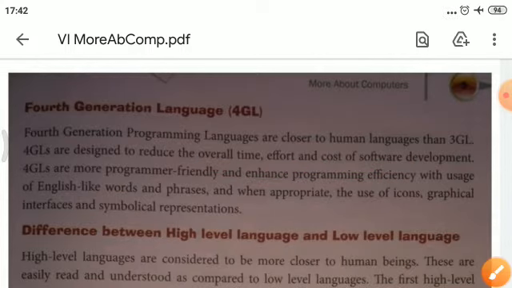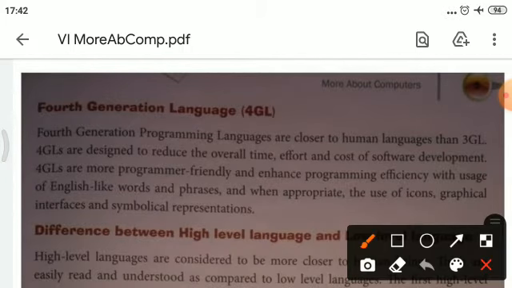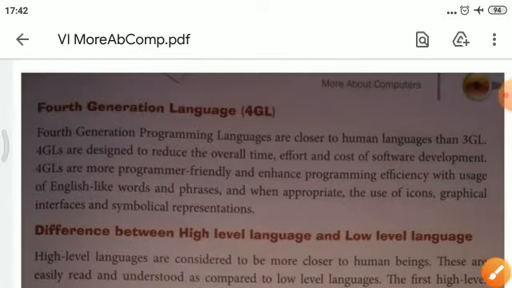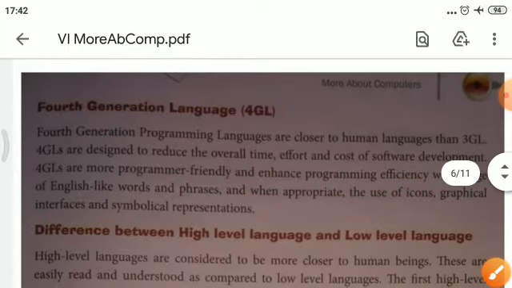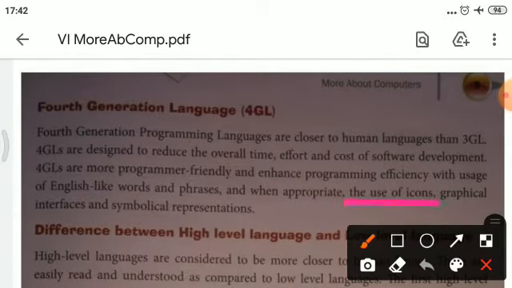And fourth generation languages are very programmer friendly and enhance the programming efficiency. And in fourth generation languages, icons, graphical interfaces, and symbolic representation are used.